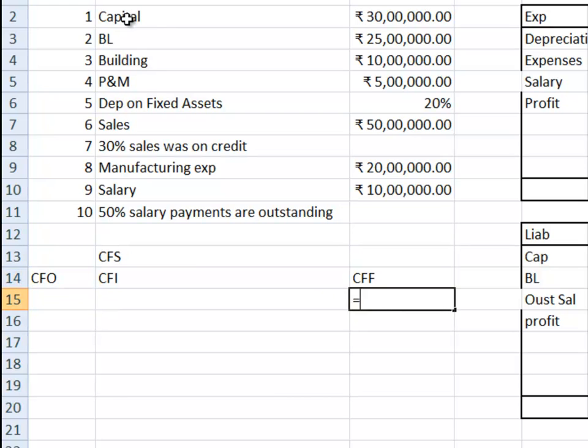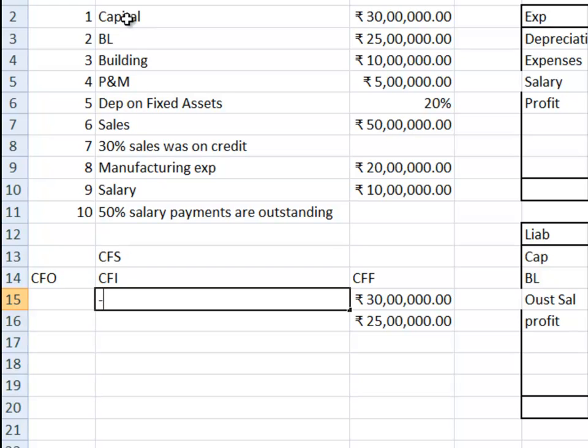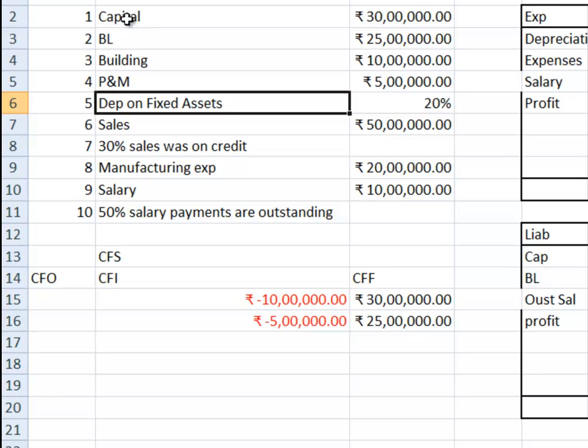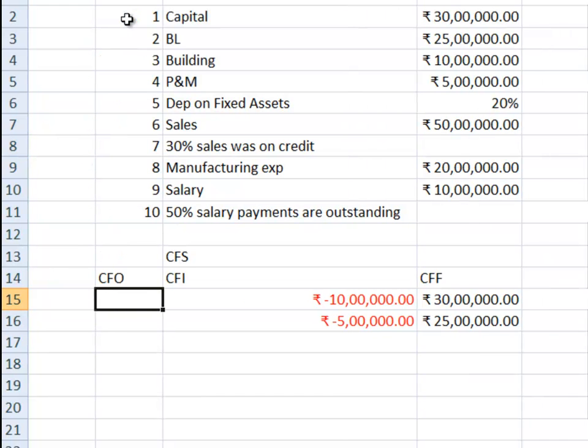Now capital should be shown as cash flow from financing 30, bank loan again financing, building investments, it's an outflow, so negative number, plant and machinery investments, depreciation to be ignored, sales 50 lakhs but 70% is on cash. So now we will say cash flow from operations is 35 lakhs.